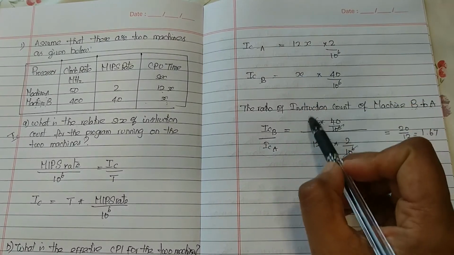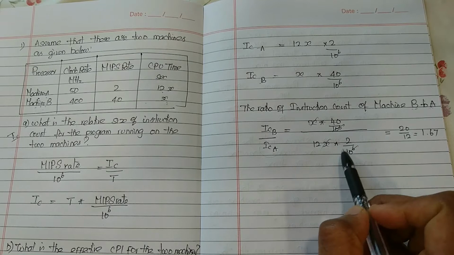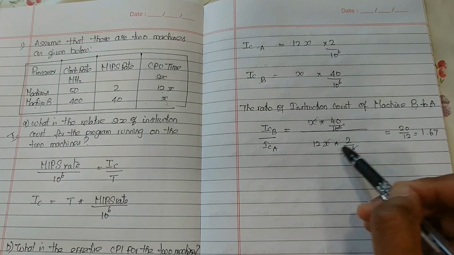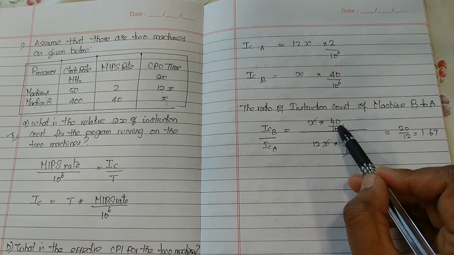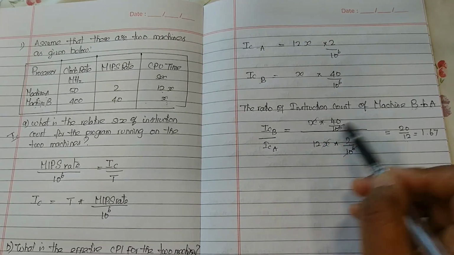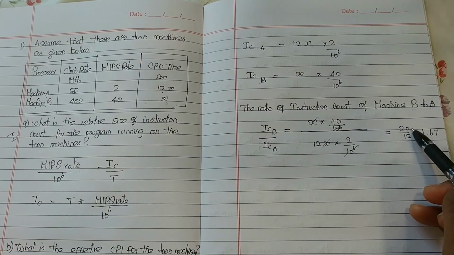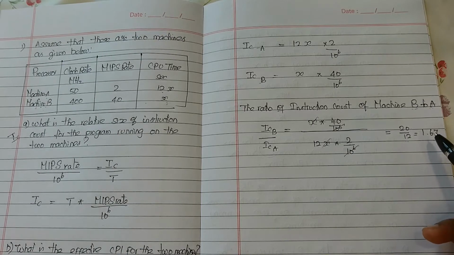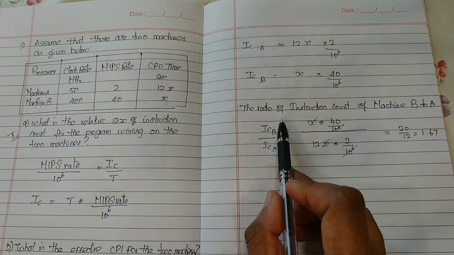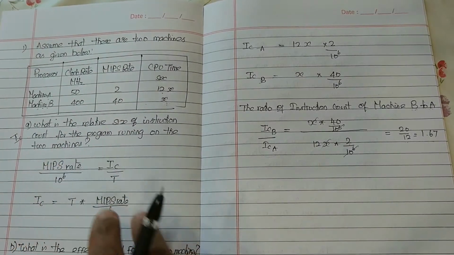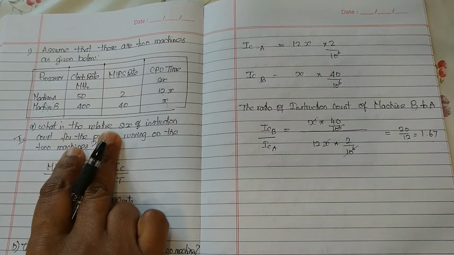When you cross multiply everything, you get 20 divided by 12. Here it's 40, here it is 12 and 2. When you reduce, you get 20 divided by 12, which is 1.67. So this is the relative size of the instruction count. Okay, so this is the idea.